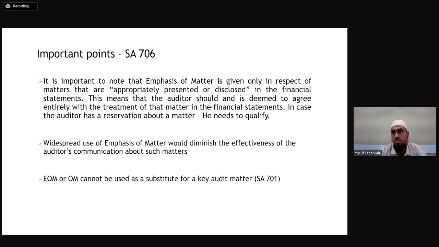Since judgment is involved, and certain other criteria are pointing towards a key audit matter, give a key audit matter. Don't replace it with EOM, because in EOM you don't need to explain any procedures or give any further details. So people are just disclosing EOM and not giving a key audit matter. This is not a substitute.